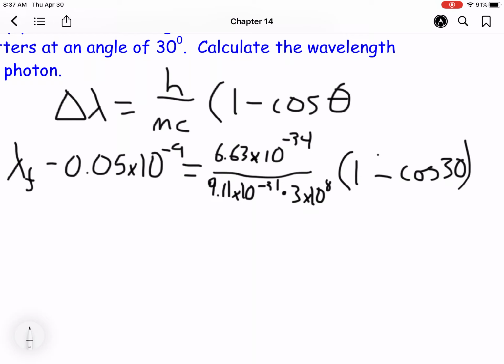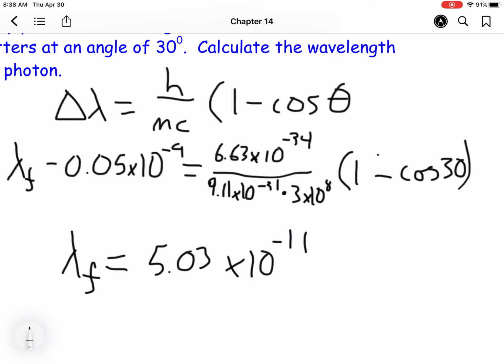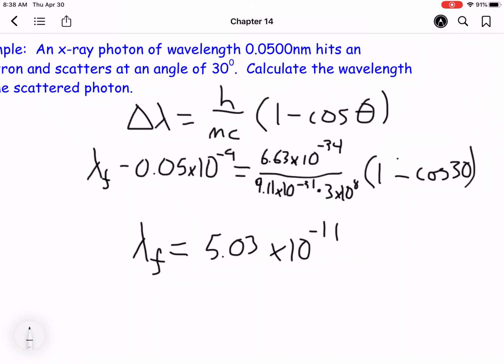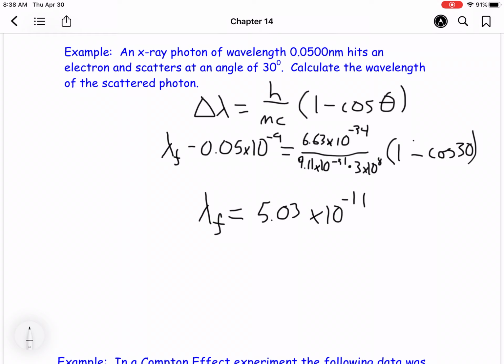And what you're going to get is 5.03 times 10 to the negative 11. So we got a very small scattering, okay? That kind of makes sense. That's just putting in the numbers the way they're supposed to be in.